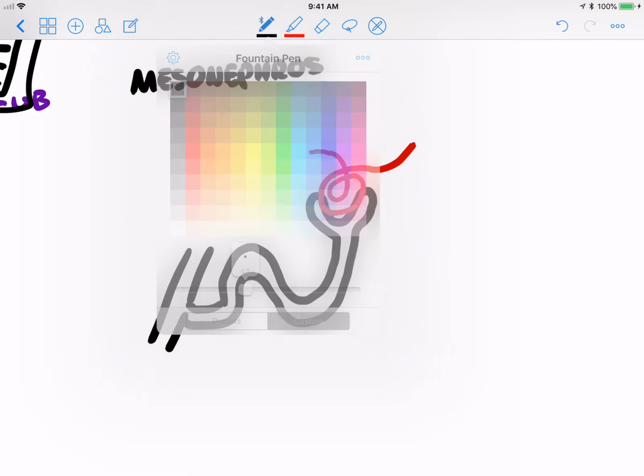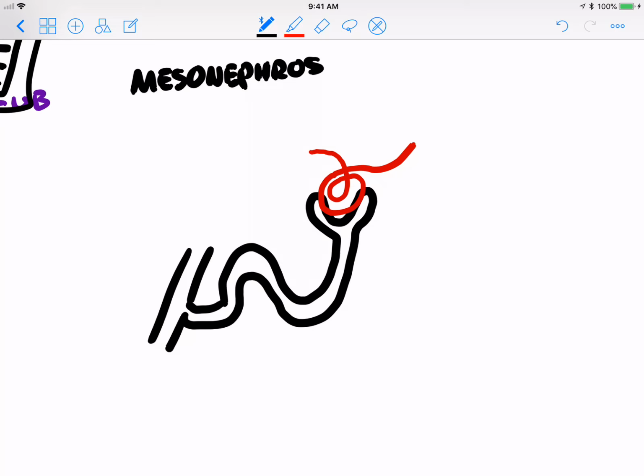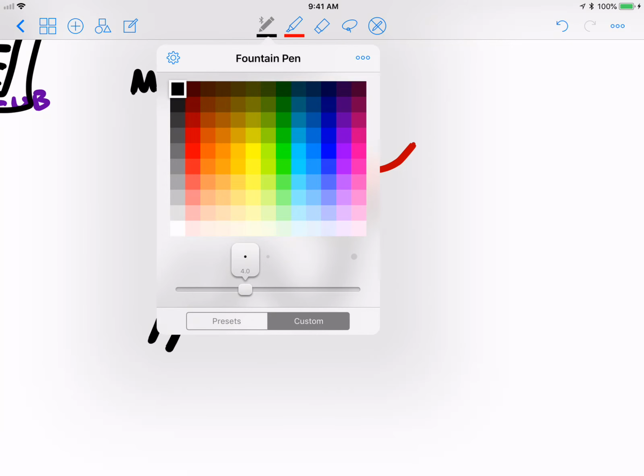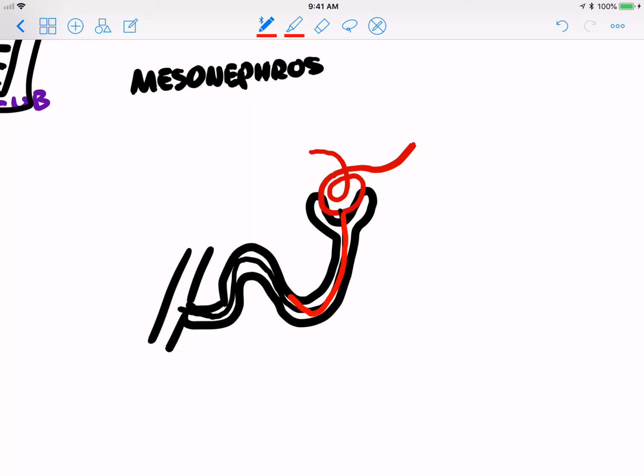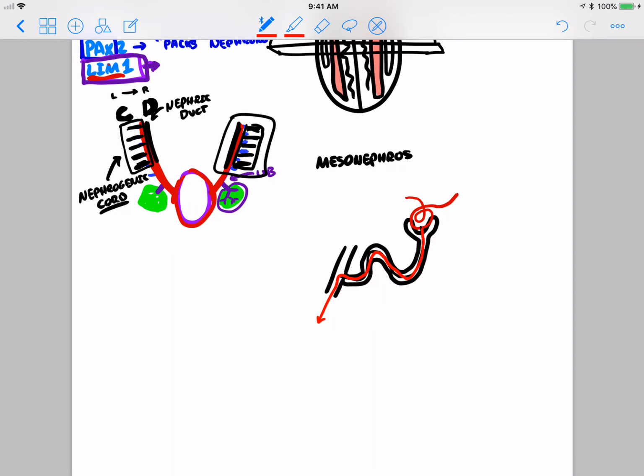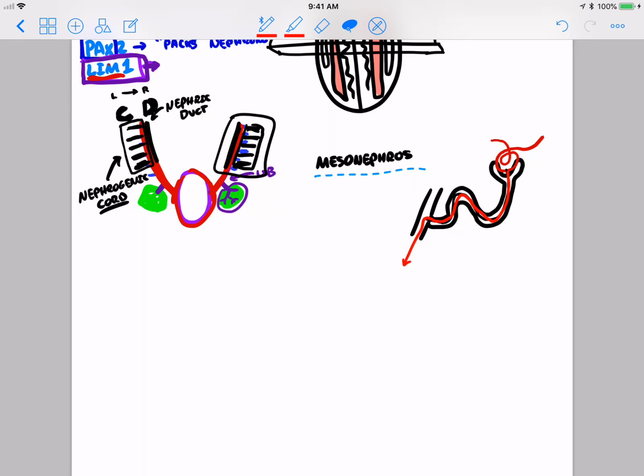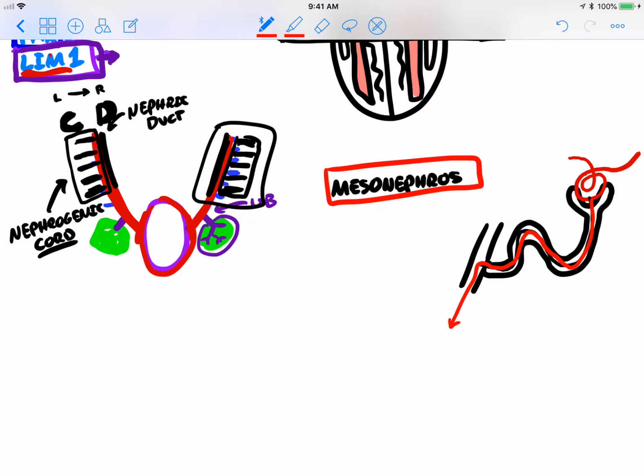And just like in the functioning adult kidney, this is our temporary functioning unit where blood is able to be filtered into here, then enters into here, and then down, and is able to be excreted. So it's a temporary excretory unit that is forming within the mesonephros. Now remember, that is not happening in the pronephros. And to a much larger degree, that's happening extensively in the metanephros.